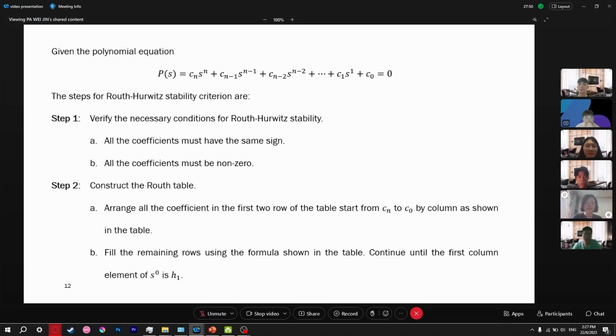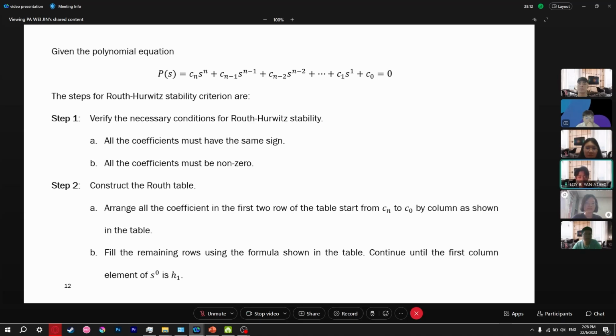Suppose we are given the polynomial equation P(s) as shown in the slide. The first step is to verify the necessary conditions for Routh-Hurwitz stability. The necessary conditions are that all the coefficients must have the same sign and must be non-zero.